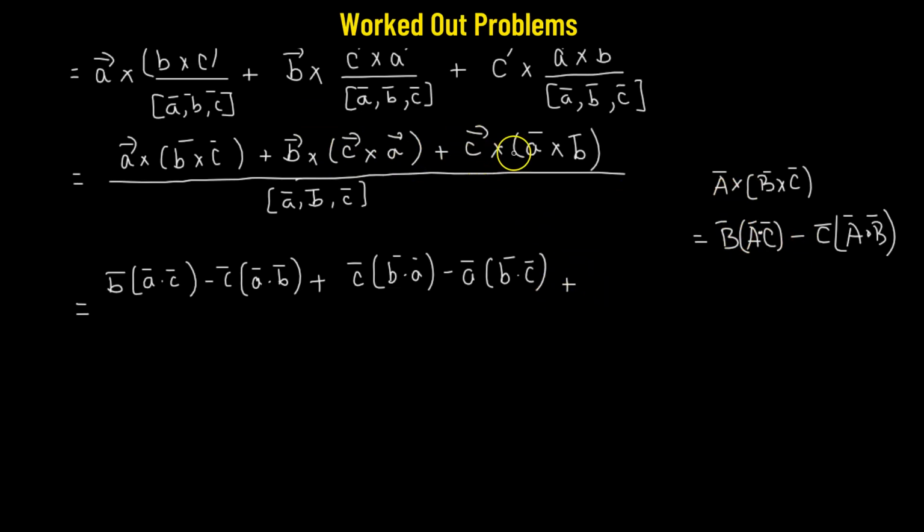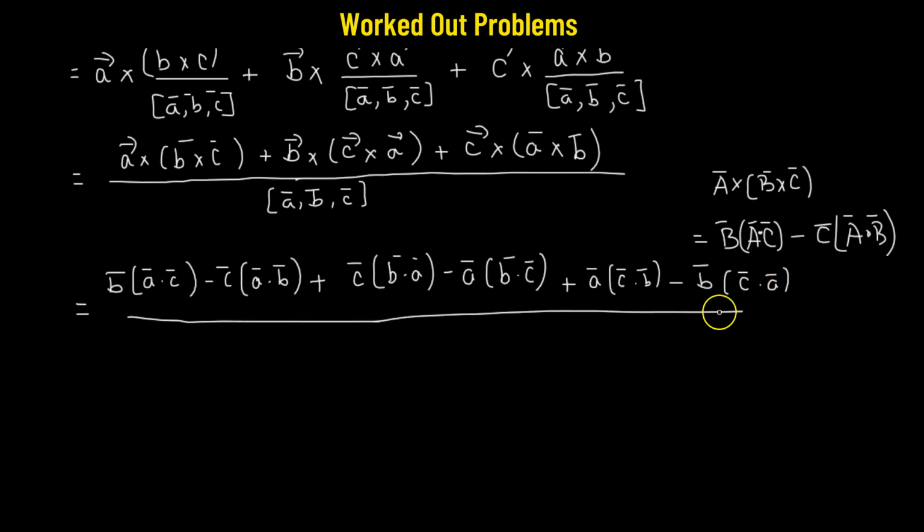Plus we have vector C cross A cross B, so we have vector A multiplied by C dotted with B, minus vector B multiplied by C dotted with vector A, whole divided by the scalar triple product of A, B and C.